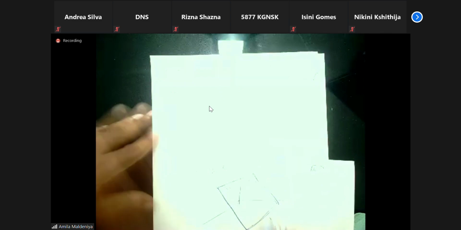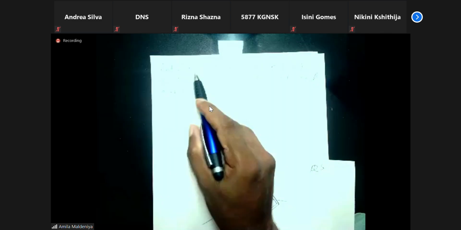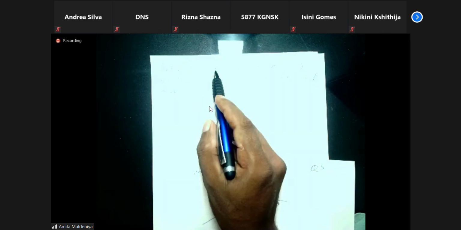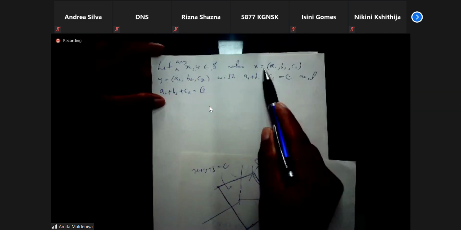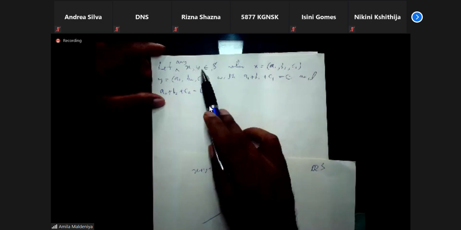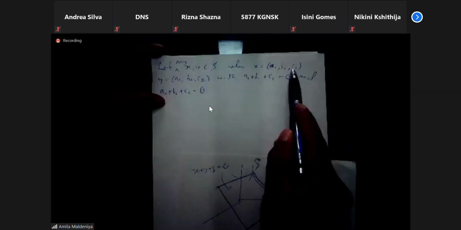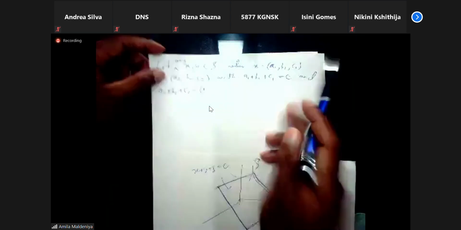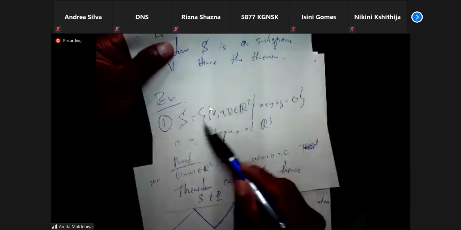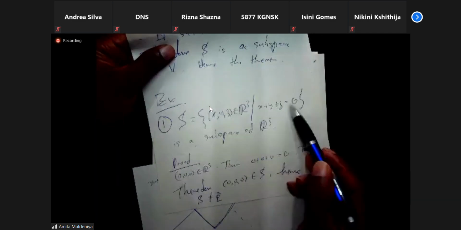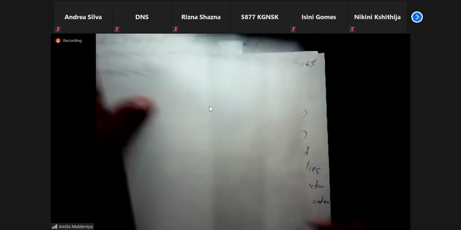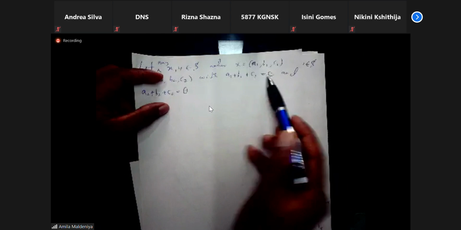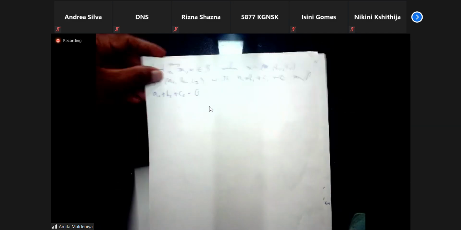Why? I just pick two elements from S. Those are (A1, B1, C1) and (A2, B2, C2). These elements have to be in R3, and they have to satisfy this condition, so A1 B1 C1 sum to 0 and A2 B2 C2 sum to 0.